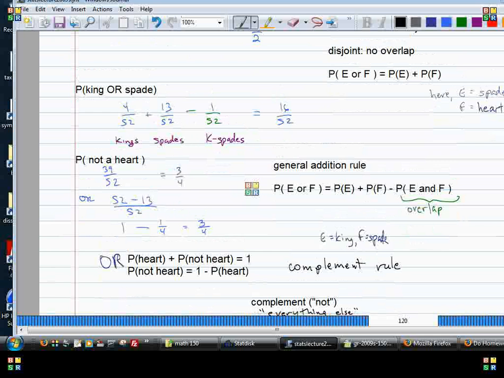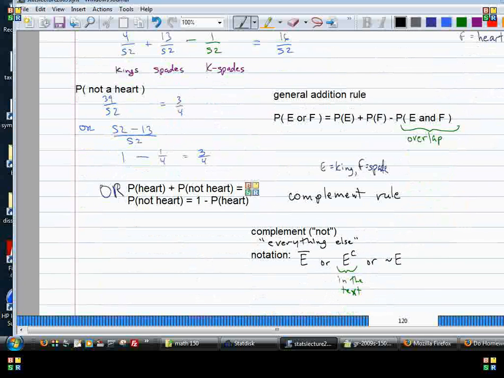So what is the notation for this? Well, there are 3 different notations. I think the middle one is the one used most of the time in the text, but just in case I put all 3. So if E is your event, then the opposite of that, or not, or complement, you could write it as E bar or E^C or squiggle E or tilde E. I think E^C is the one that's used in the book. The C again stands for complement.